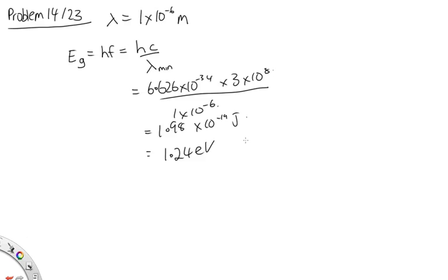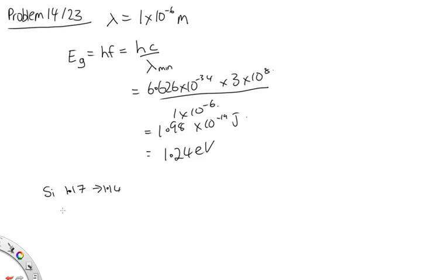So the band gap for silicon, we're told in the table, is 1.17 at 0 kelvin or 1.14 at 300 kelvin. So this energy is greater than this energy. So this photon does have enough energy to cause an electron to be excited in silicon.